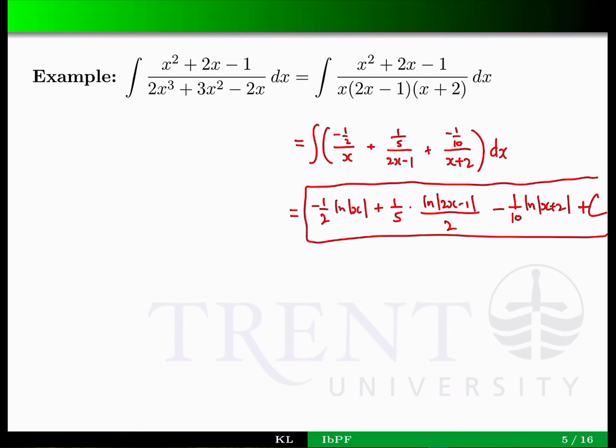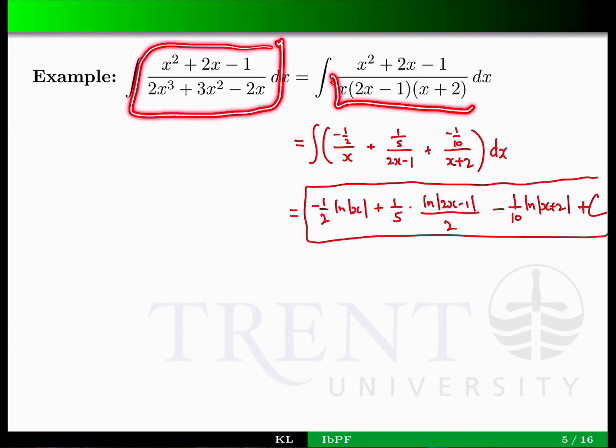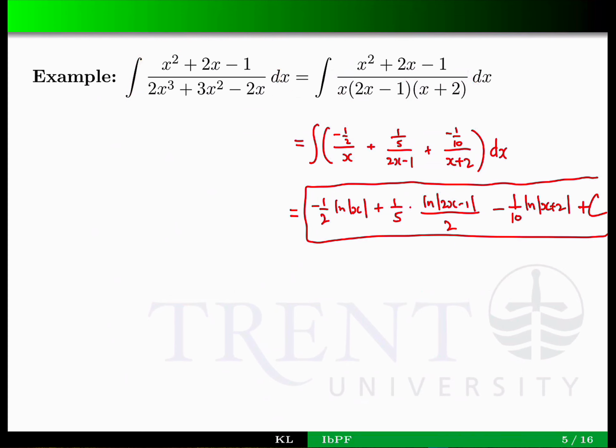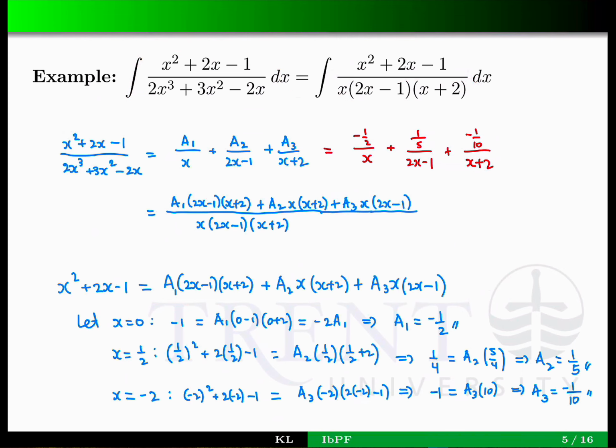So that's how we do it when the denominator of the rational expression has distinct linear factors. Let me go back to the previous slide to see all the steps.